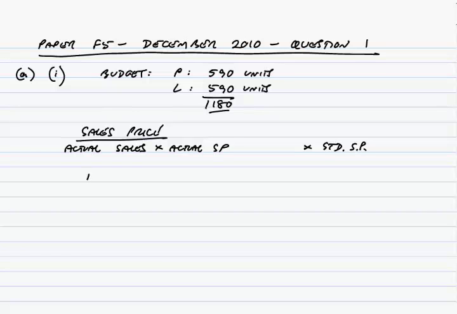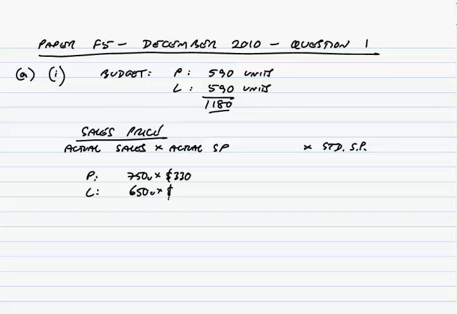Let's do it. First of all, plasma. We actually sold 750 units. And the actual selling price was 330. LCD, we actually sold 650.